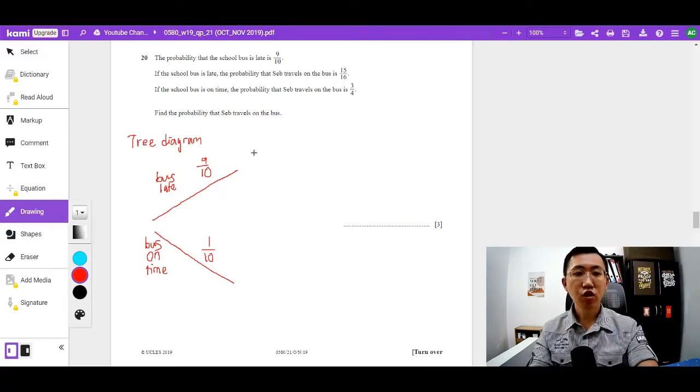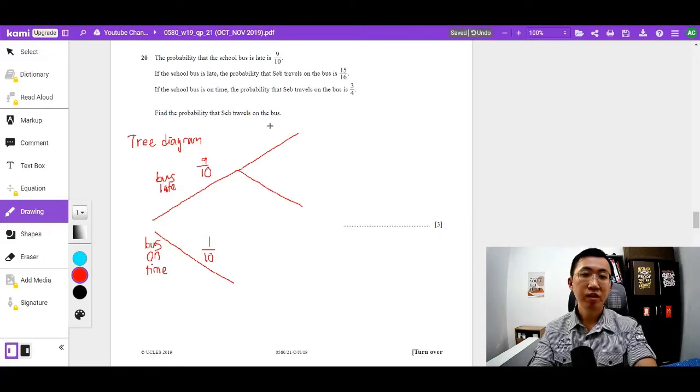Okay, so now continue to read the second line. If the school bus is late, that means the top branch. The probability that Seb travels on the bus is 15 over 16. So now you're going to branch out a little bit. If the bus is late, there is a chance that he is going to travel up. So this one you can label bus. The chance is 15 over 16.